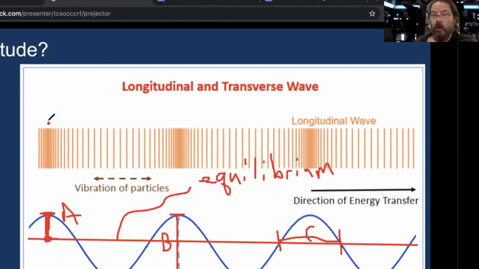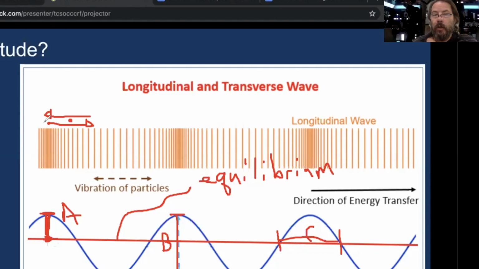In theory, this particle is going to move and then move back. So where is its resting point? Honestly, with the way I drew this, its resting point is probably here in the middle somewhere.